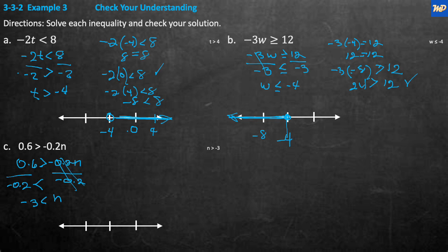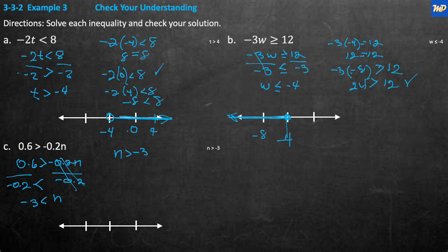But when they ask you for the solution to an inequality, they always want you to put the variable first. Negative 3 is less than n also means that n is greater than negative 3. When you flip that around, you flip the symbol. So there's the solution: n is greater than negative 3.